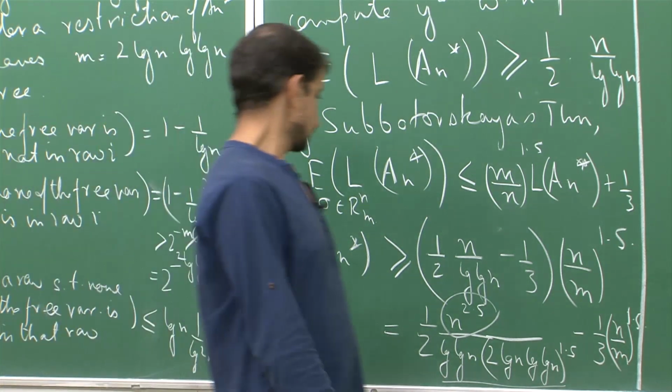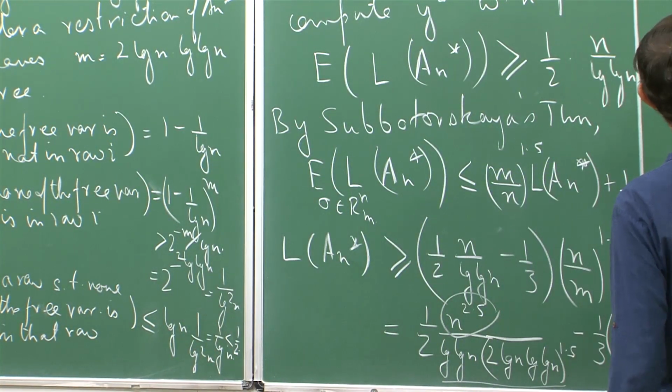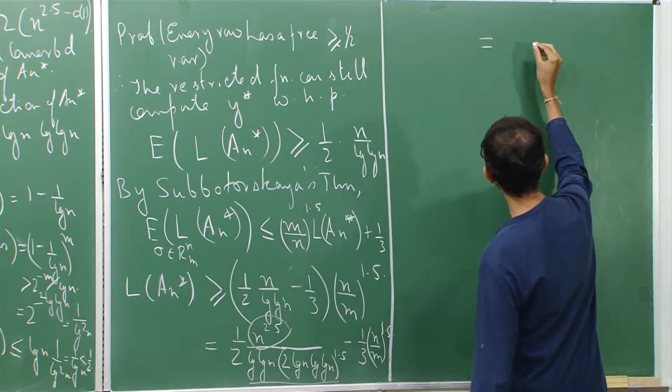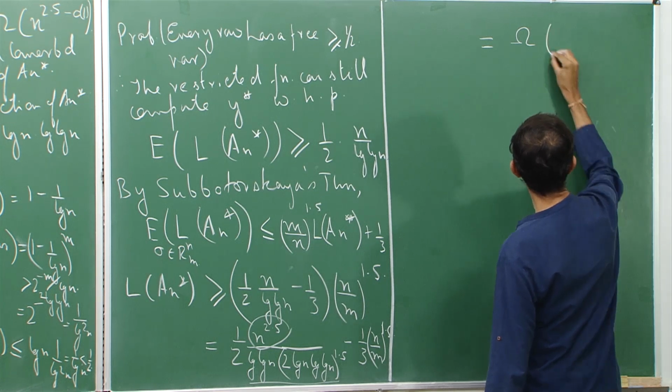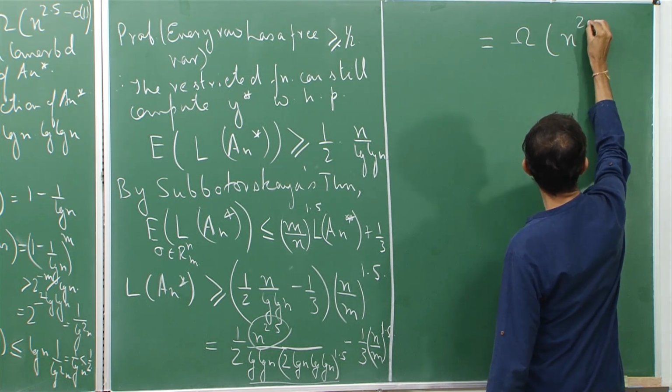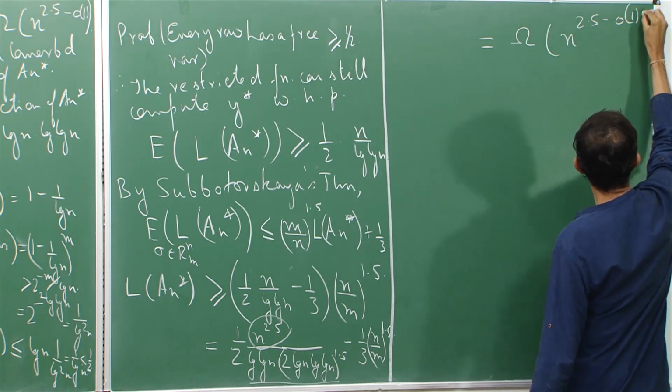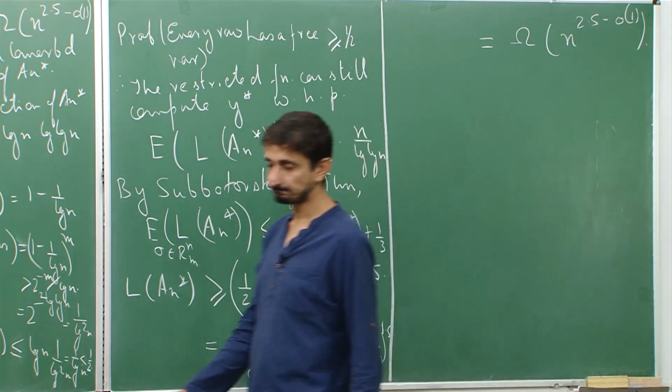So, we can write this as omega of n to the power 2.5 minus small o of 1.